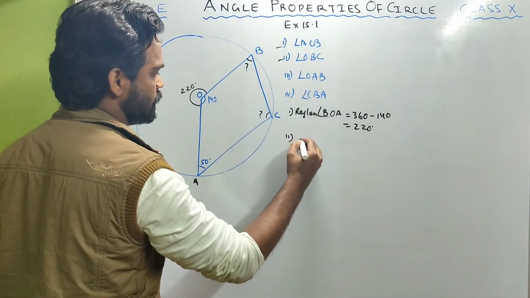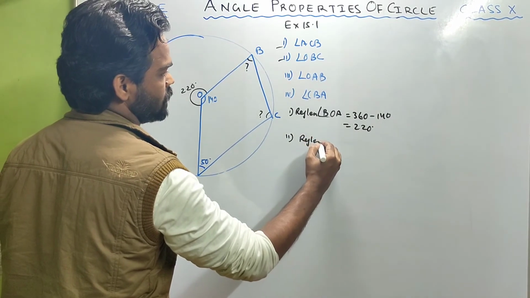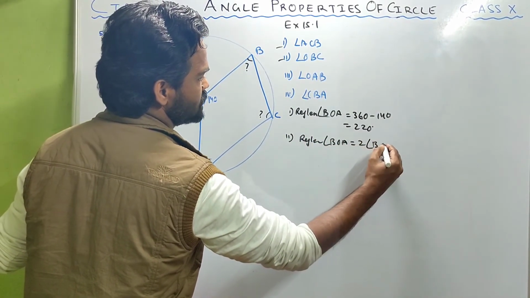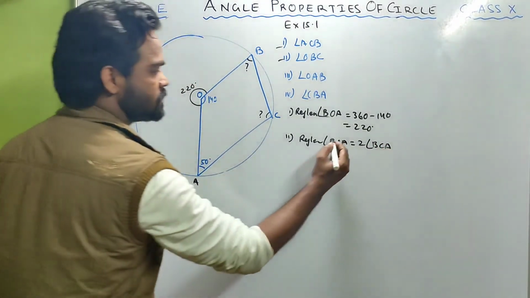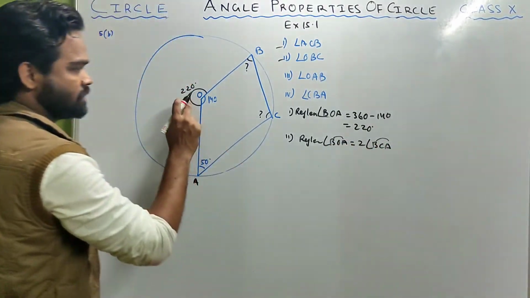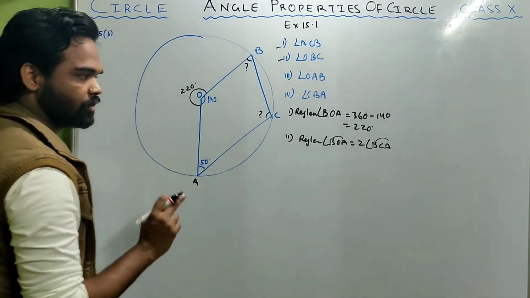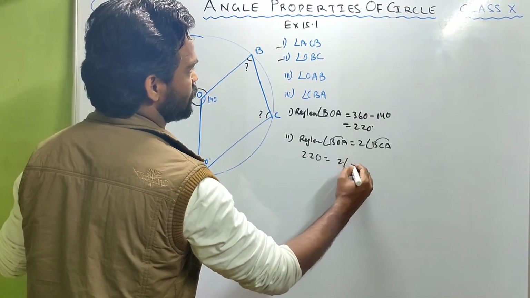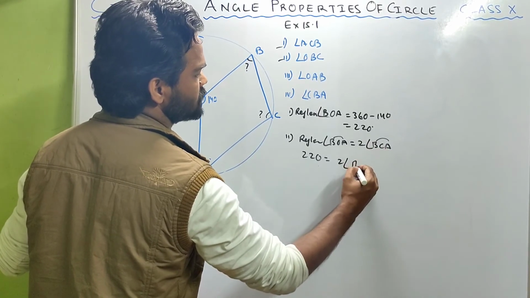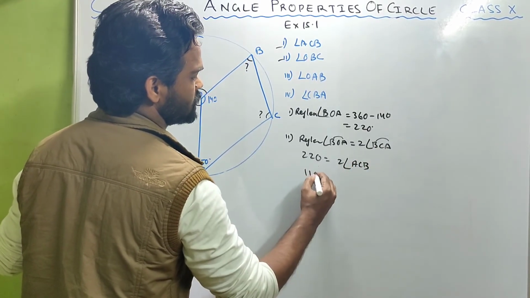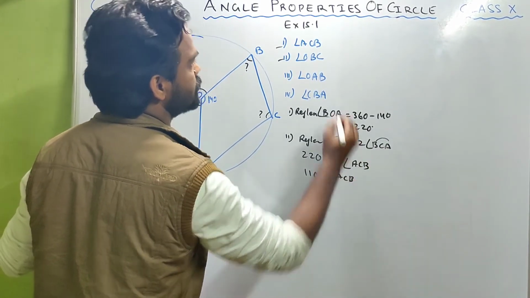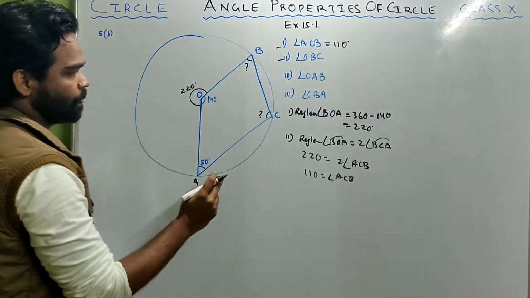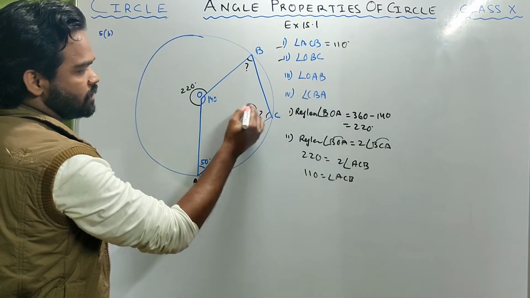We can say reflex angle BOA is twice angle BCA, isn't it? See, the arc is same. Angle at the center is twice the angle at circumference, remember? So 220 equals twice angle ACB. So 110 equals ACB.